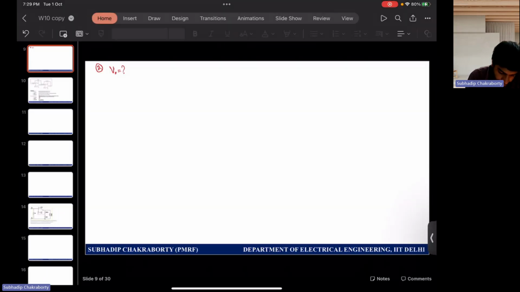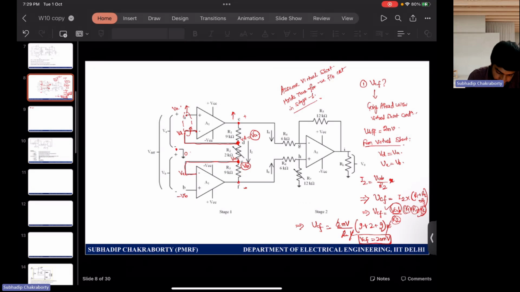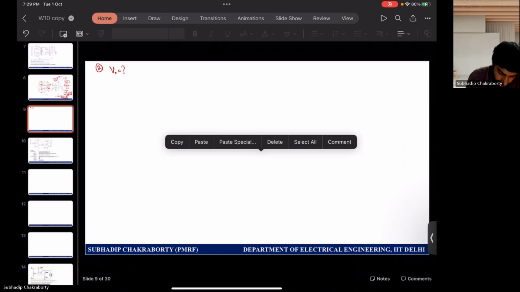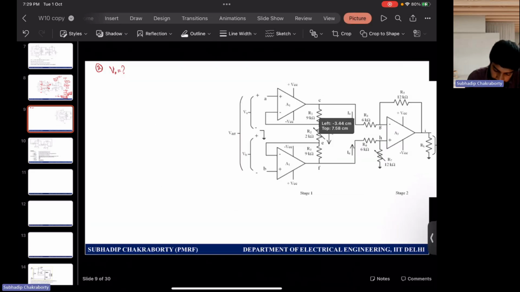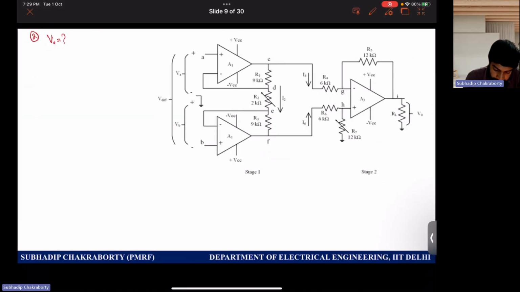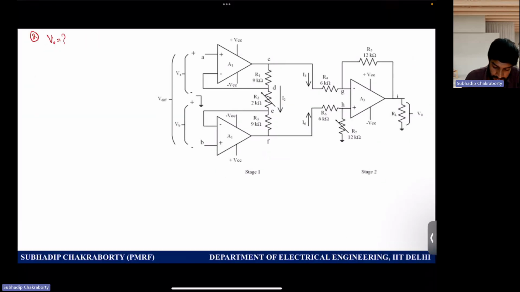So again I want to just show you this network and find the value of V out. So we know VCF is 20 millivolts, and we need the value of V0.